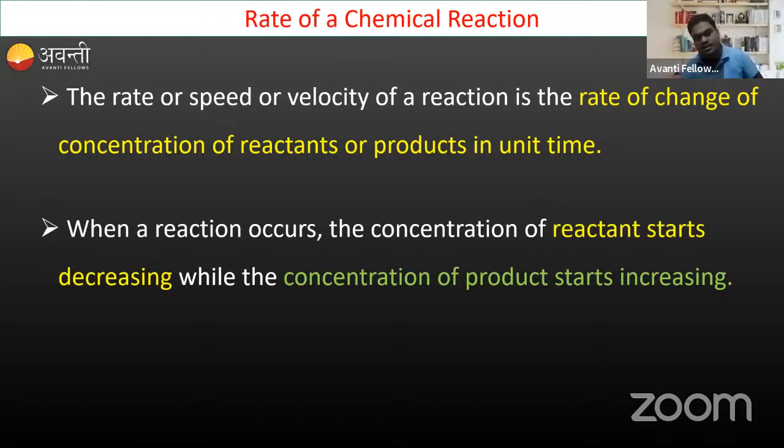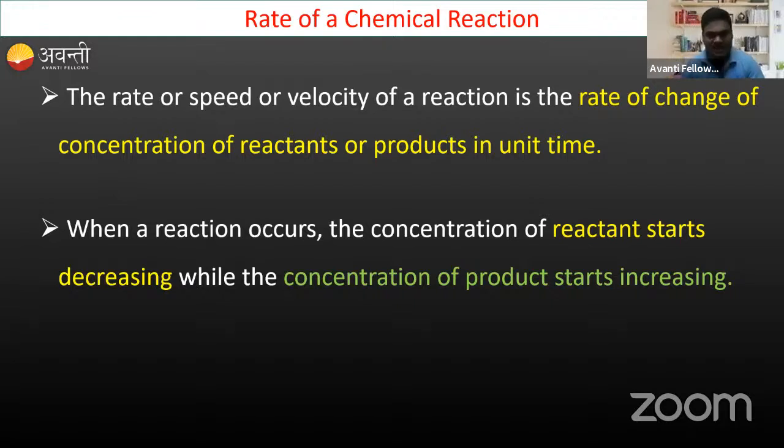When a reaction occurs, the concentration of the reactant starts decreasing while the concentration of the product starts increasing. This point is very important. Always remember, at the beginning the reactant is 100% and the product is 0.